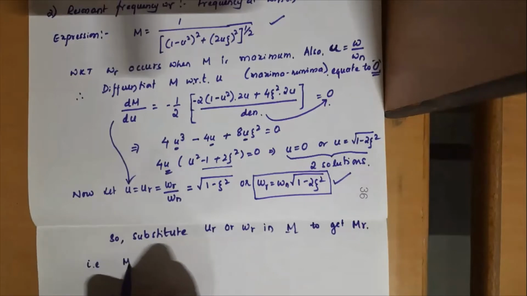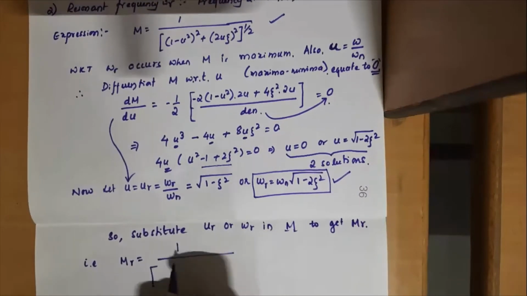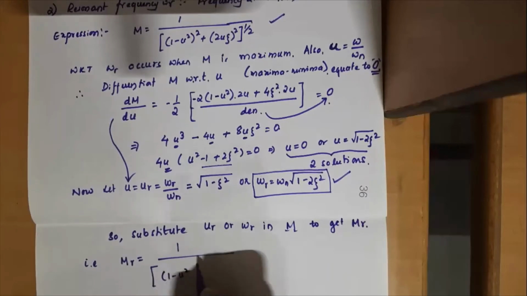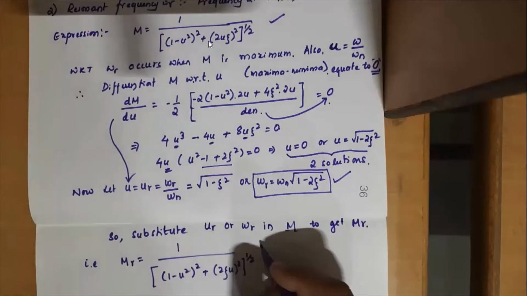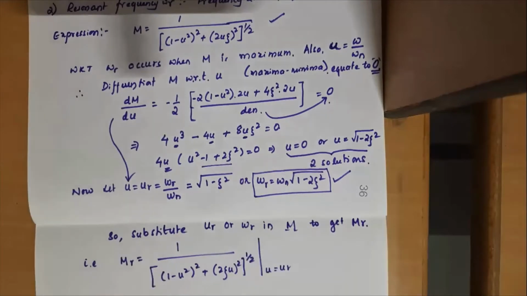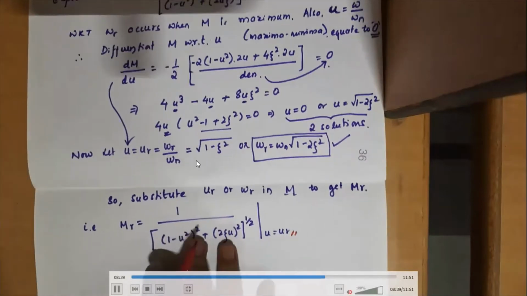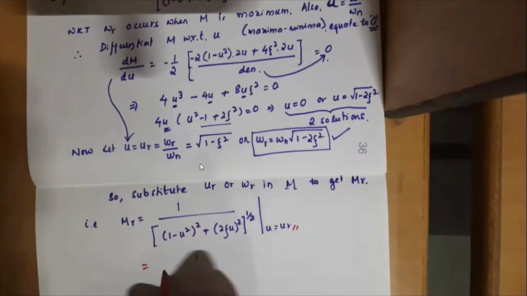So substitute ur or omega r in M to get Mr. I have written the expression of M as it is. Next I have to make a substitution of u. I am replacing u here, which is nothing but ur, that is square root of 1 minus 2 zeta square.